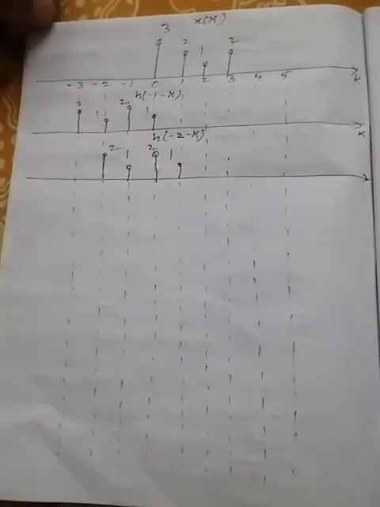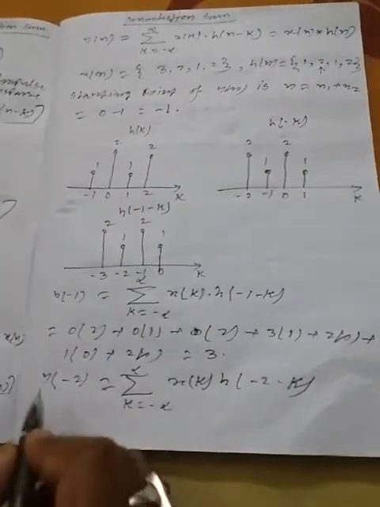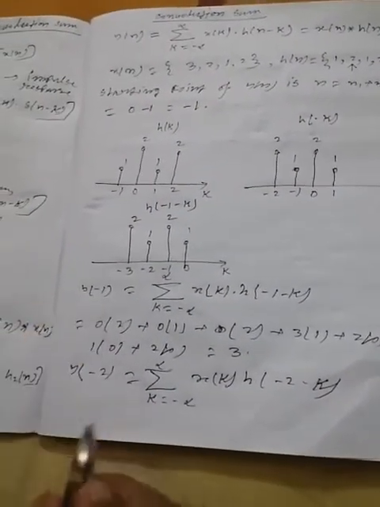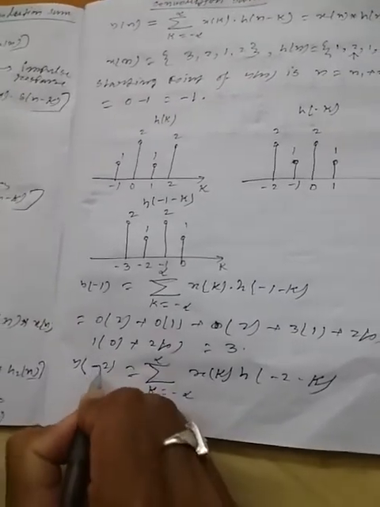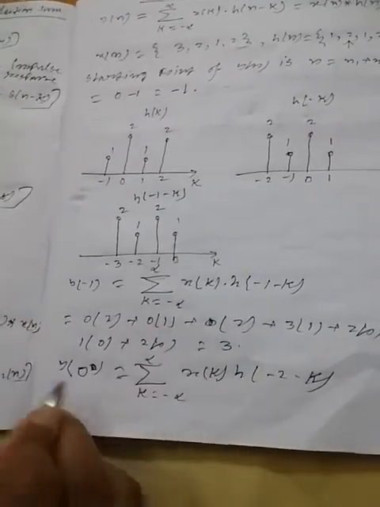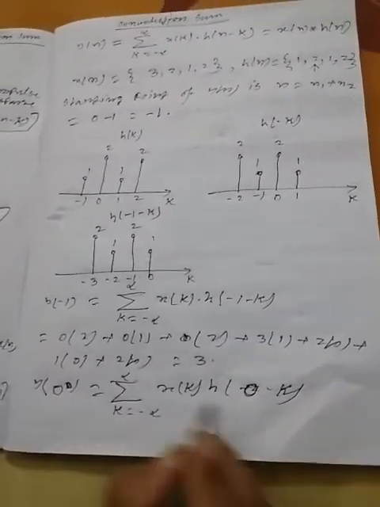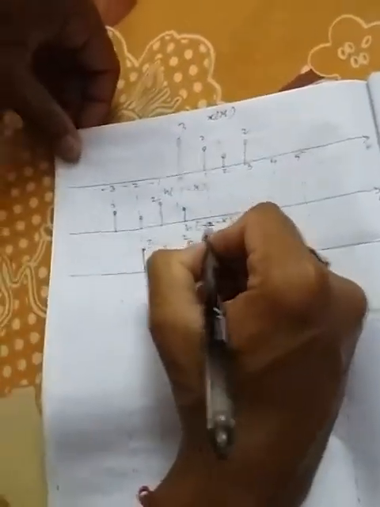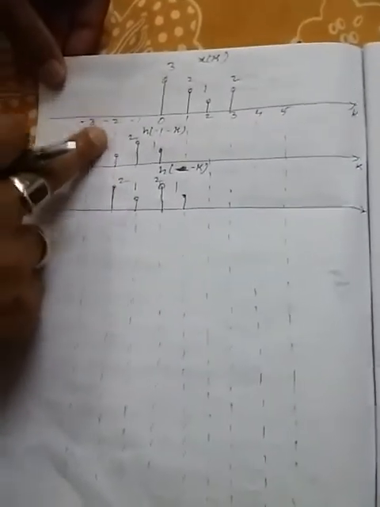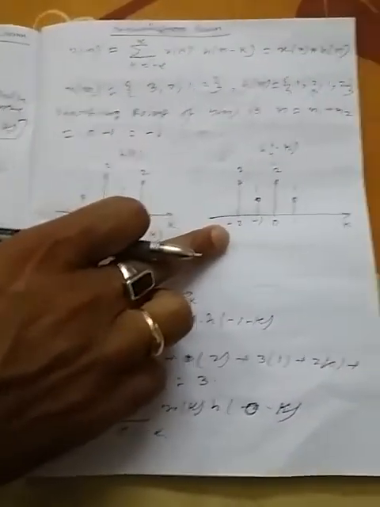Oh sorry, here is a mistake. After y of minus 1 the element will be y0. Okay, so here will be 0, right? So this will be h of minus k. If we see in the minus 2 position there is 2, in h of minus k there is 2, the sample value is 2, right?